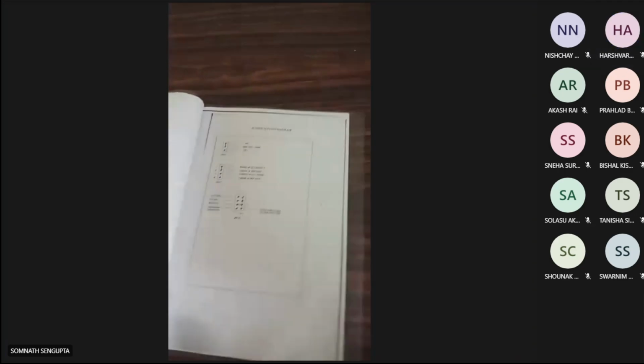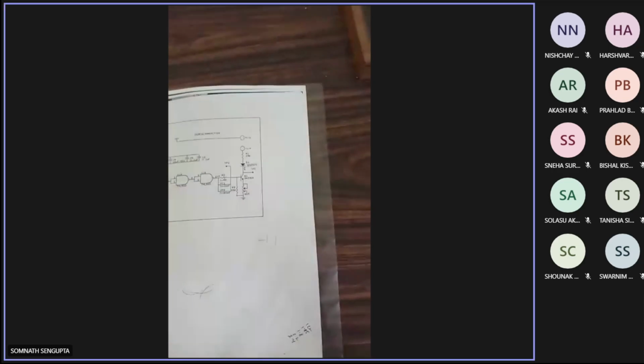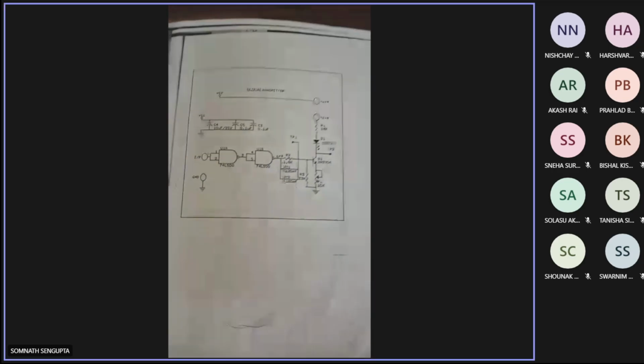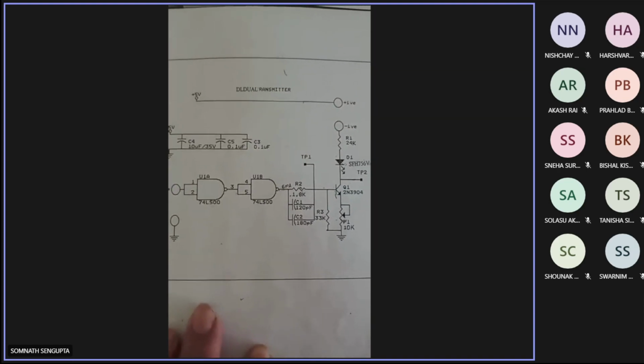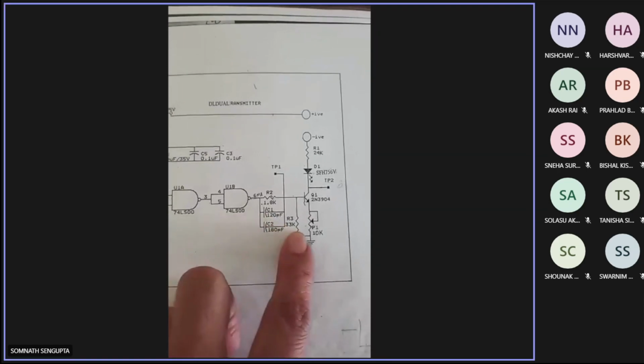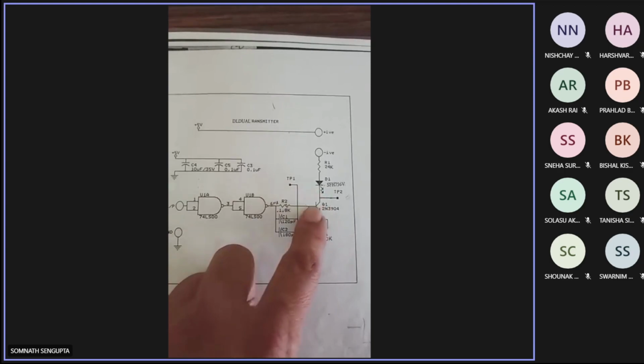Okay. So with this concept, we have some inbuilt circuit, inbuilt kit. Here you see is a transmitter kit. Here the transmitter circuit, this LED is connected at the collector.